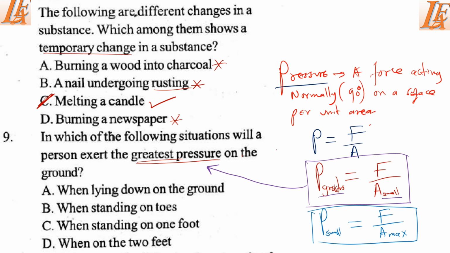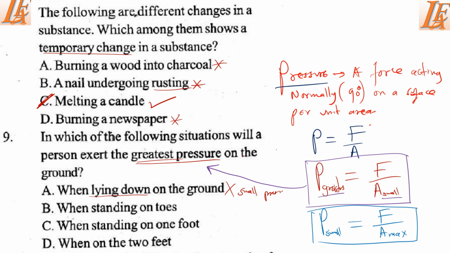So let's look at the first option. A, when lying down on the ground. When you lie down on the ground, the area in contact with the ground is maximum or large. Therefore, this one cannot give a great pressure. It gives a small pressure. Then B, when standing on toes. Remember, your toes have a very small area. So this one can give the greatest pressure. But let's look at the other options.